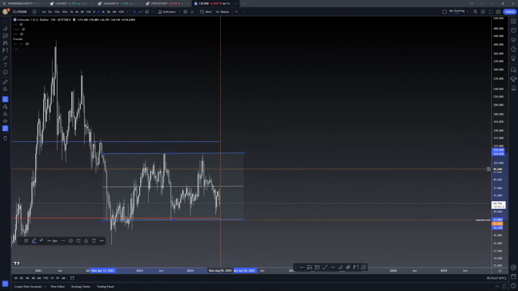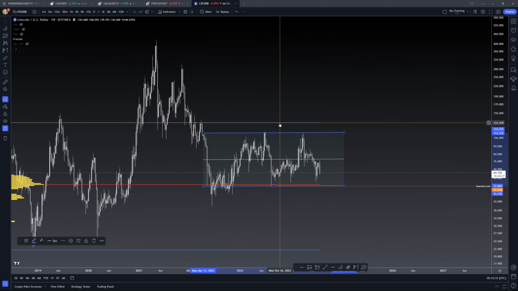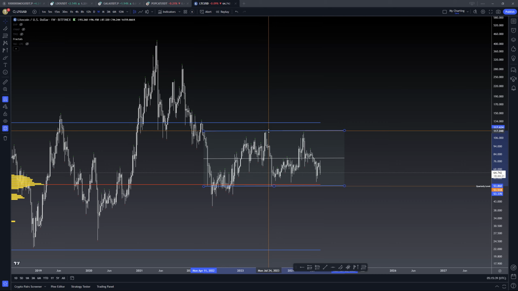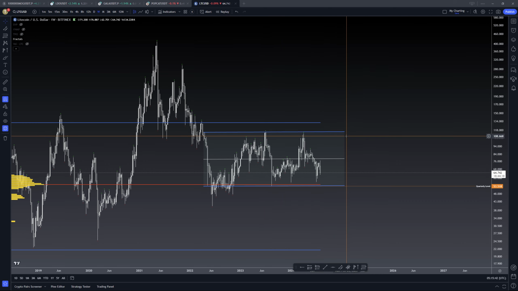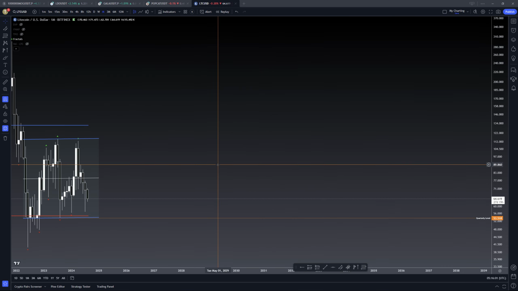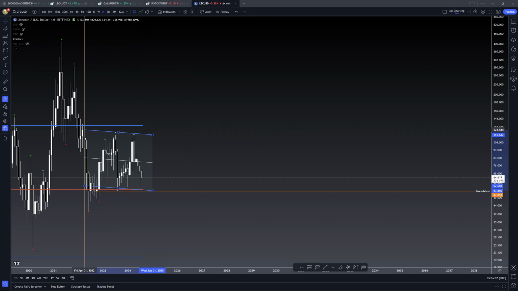Let's go on higher time frames. Not seeing the midpoint respect that I want there. I'm not seeing the midpoint respect I want.